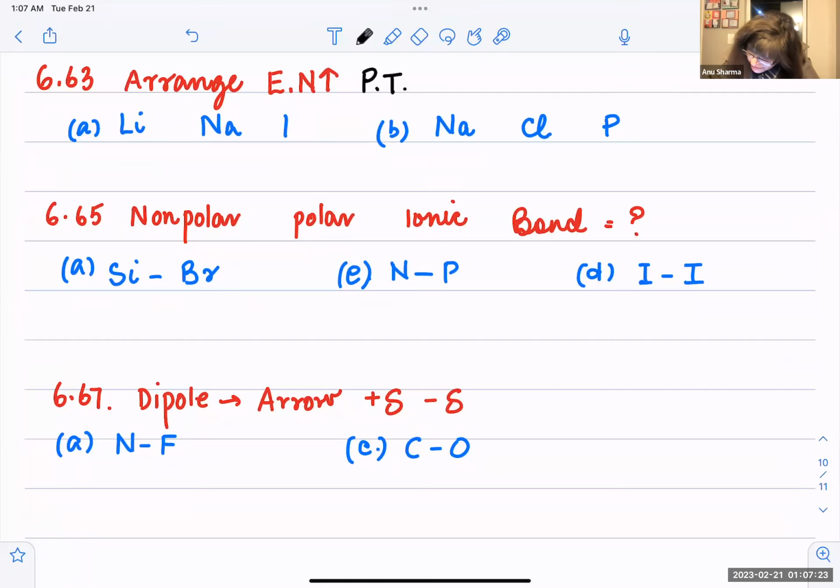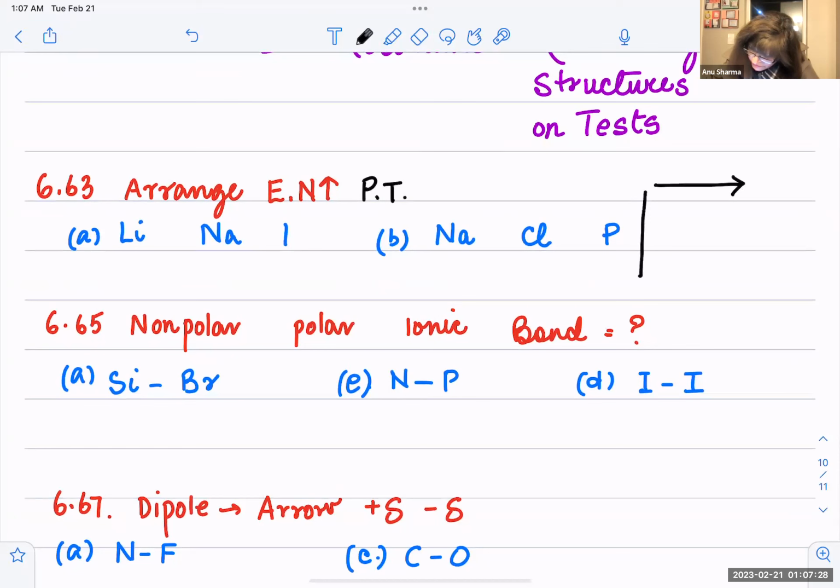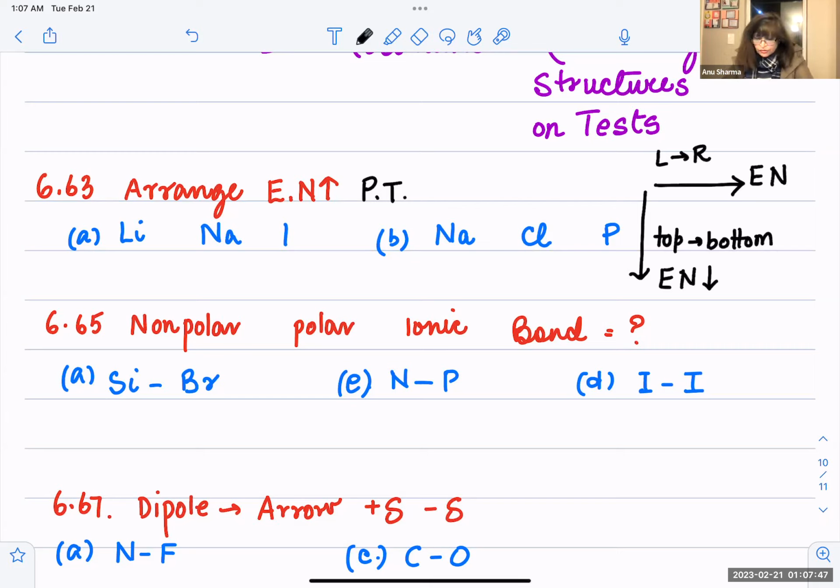So let me just put this here. Increases and decreases. So electronegativity goes down when you move from top to bottom, and when you move from left to right, the electronegativity increases. So all you need to do is place them in the periodic table. Lithium is on the top, sodium is next, and potassium is after that.